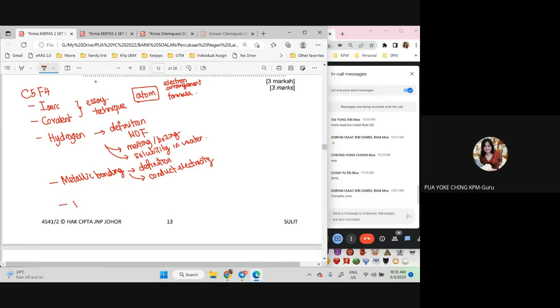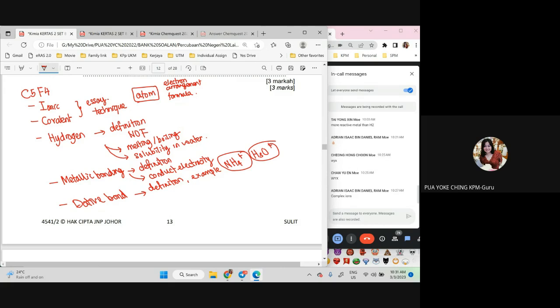And then is your dative bond. Remember the definition and the example of dative bond, because in your SPM syllabus, dative bond only comes from NH4+ and H3O+.